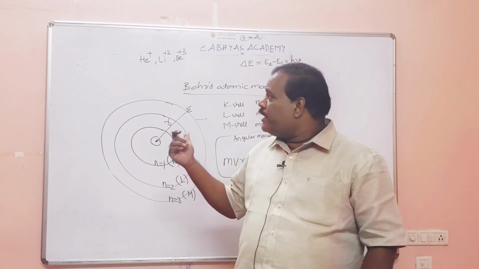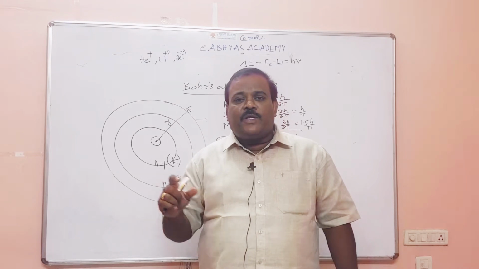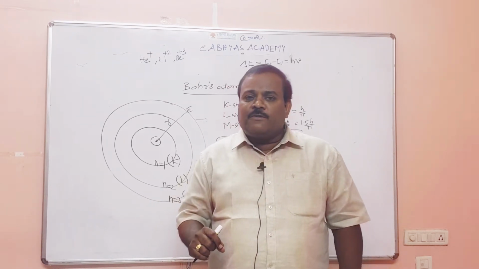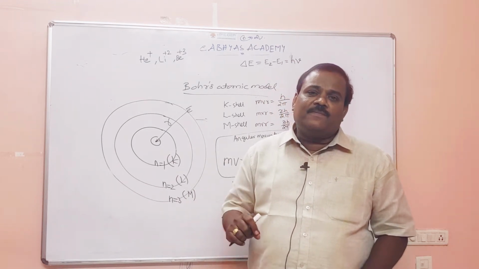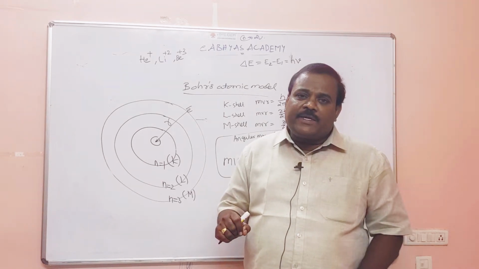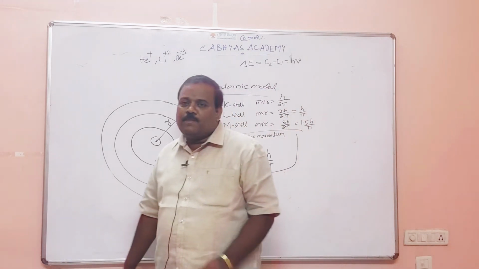That is not explained by this theory. It could not explain Zeeman effect and Stark effect. Means splitting of spectral lines in applied magnetic field is Zeeman effect. Splitting of spectral lines in applied electric field is Stark effect. That could not be explained by this theory.